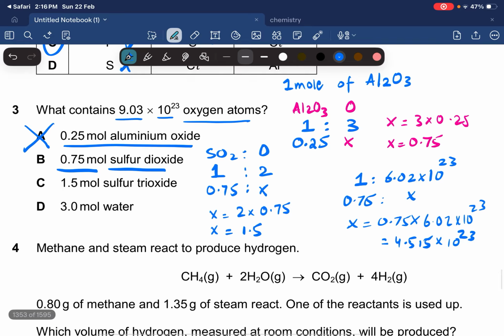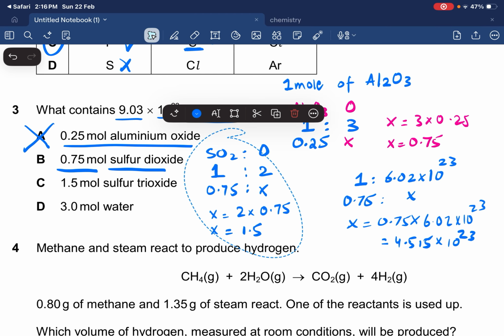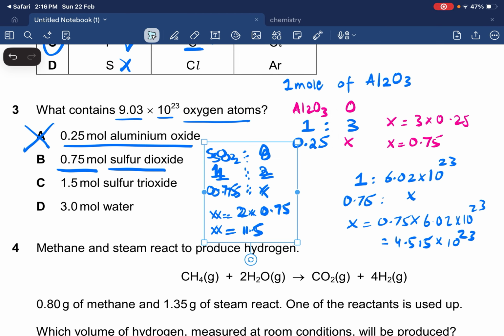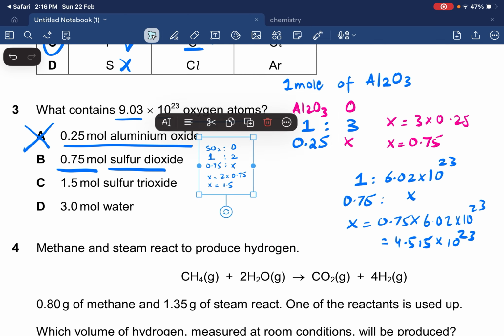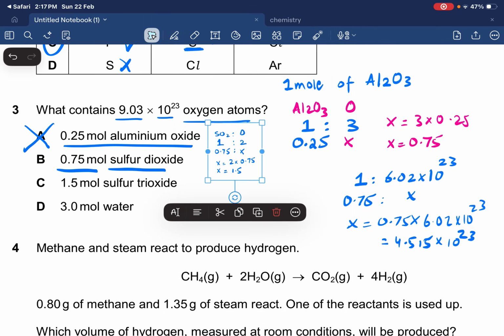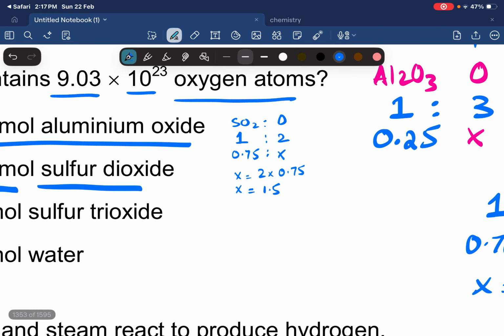Now we know that 1 mole of oxygen is gonna have 6.02 into 10 exponent 23 particles.